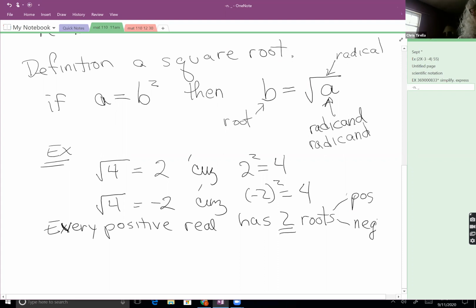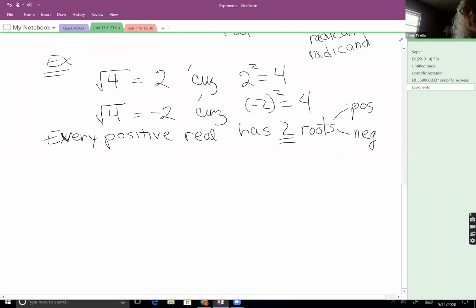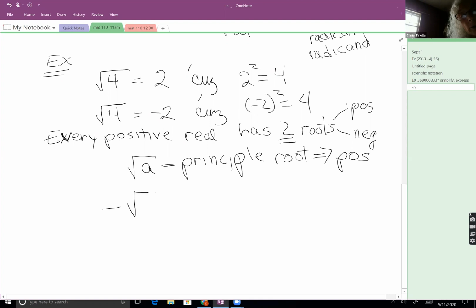And so if everything's got 2 answers, that's going to make some questions kind of ambiguous. Which do we mean? And so standard notation, if I just write the square root of A, that means I want what's called the principal root, which is the positive root. If I put a negative sign out in front, that means that I want the negative root.